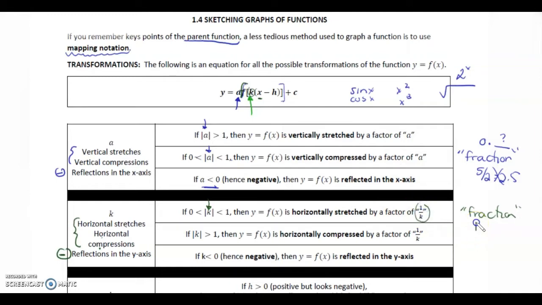So 1 over anything, if you remember, is the reciprocal. If this is, for example, 1 over 2, then we're stretched by 2. And that's why we have 1 over k there, because it's a stretch by the reciprocal of that.